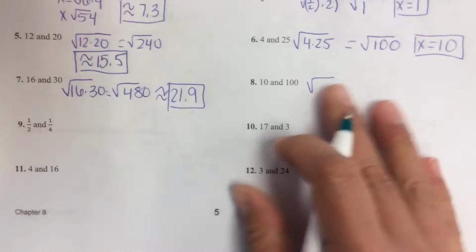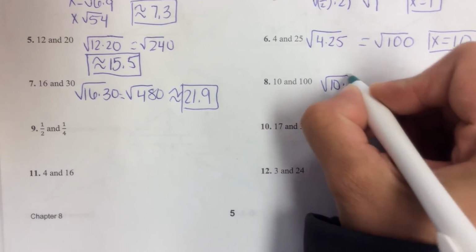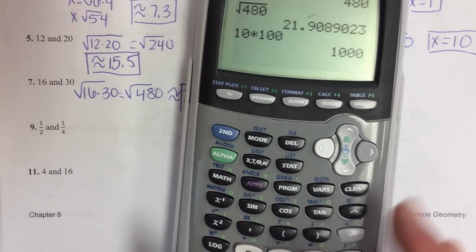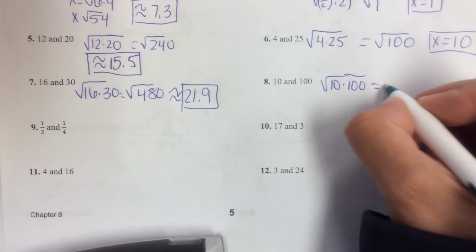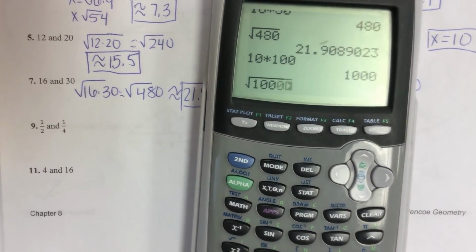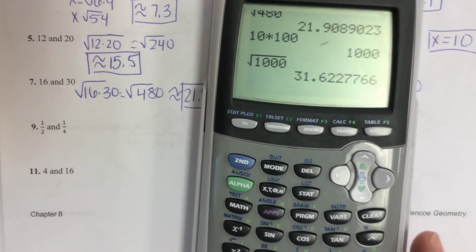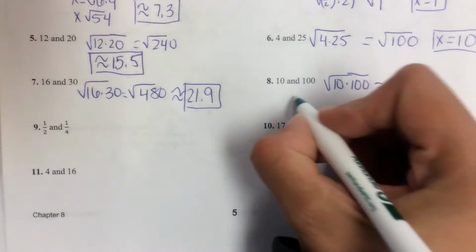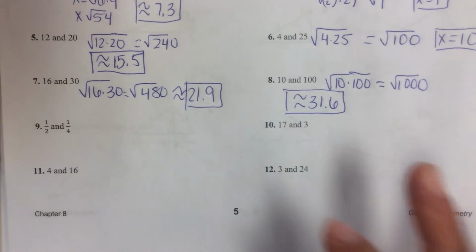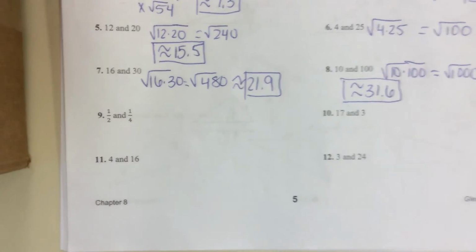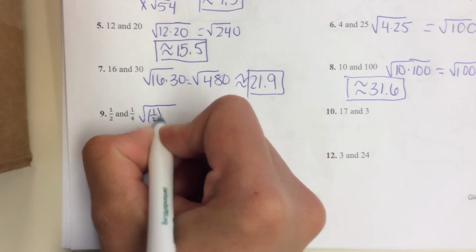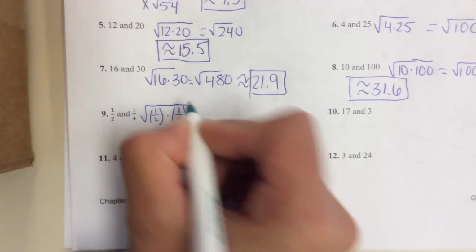Number 8, 10 times 100 gives you 1,000. Take the square root of 1,000, which gives you approximately 31.6. Number 9, the square root of half times a quarter.